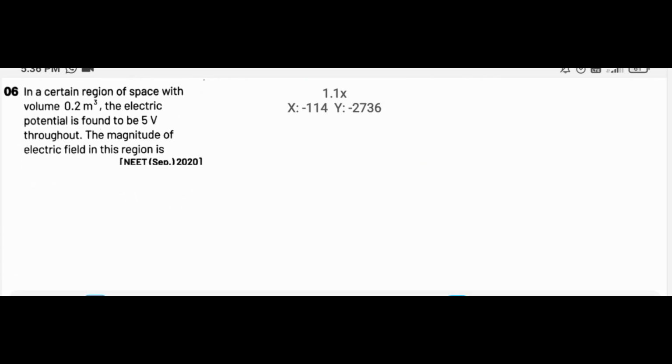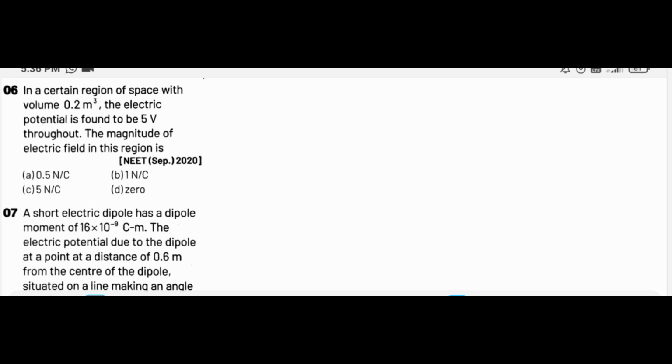Moving on to the next question. In a certain region of space with a volume of 0.2 meter cube, the electric potential is found to be 5 volt throughout. What is the magnitude of the electric field in this region? They have given a volume here. They have given a potential which they say is constant throughout. Again, these words are going to be a very big hint for this type of question.